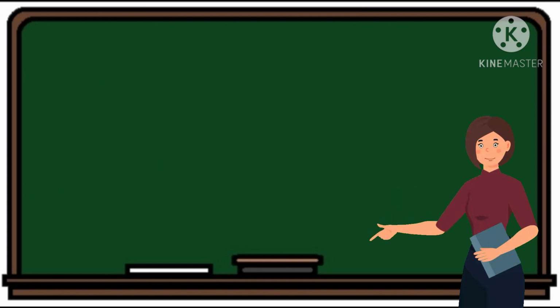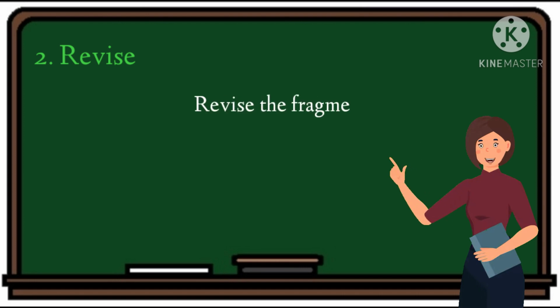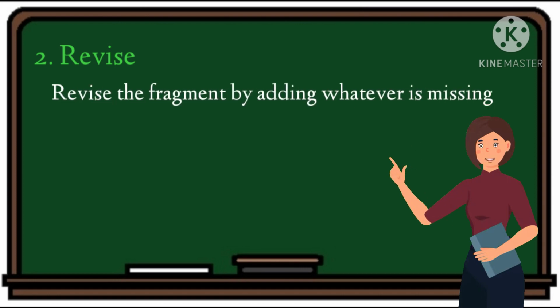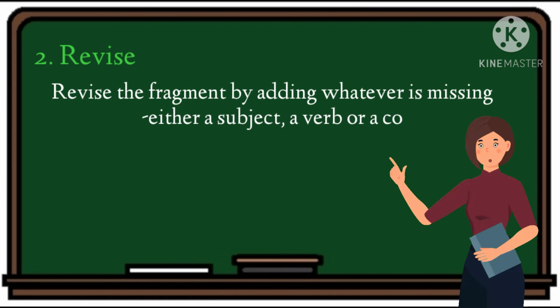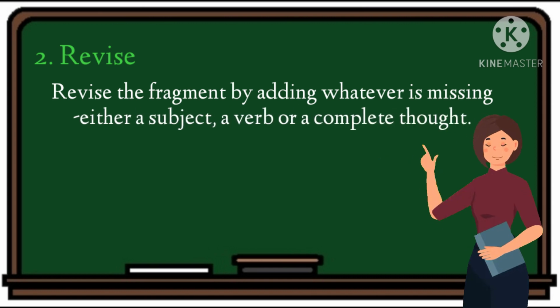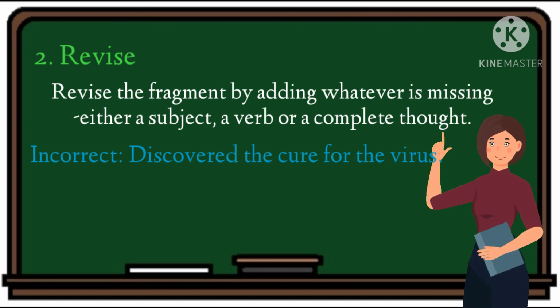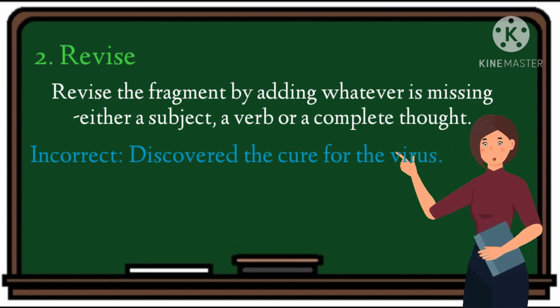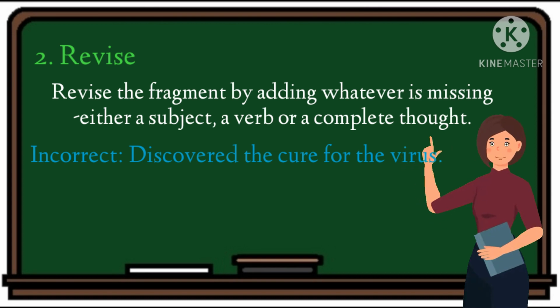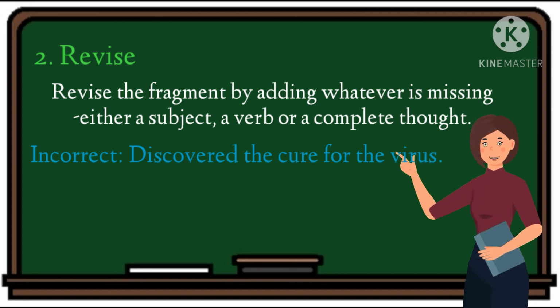The second way would be revise. Revise the fragment by adding whatever is missing, either a subject, a verb, or a complete thought. So for example, "Discovered the cure for the virus." So this sentence is obviously incorrect. As you can see, it obviously lacks a subject.